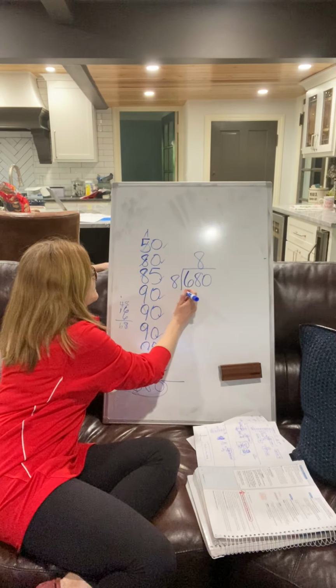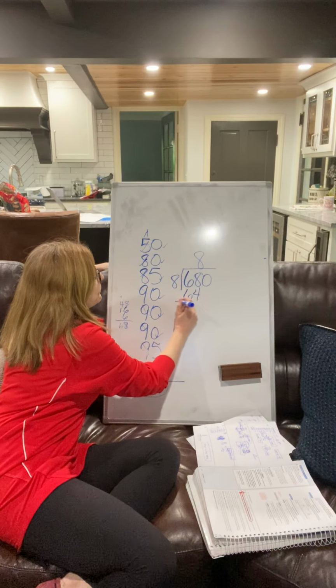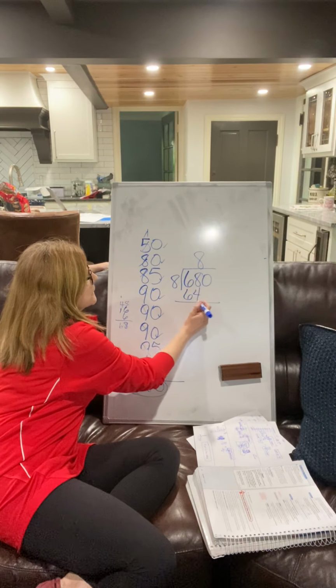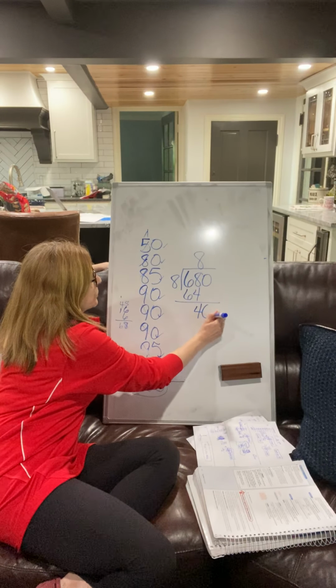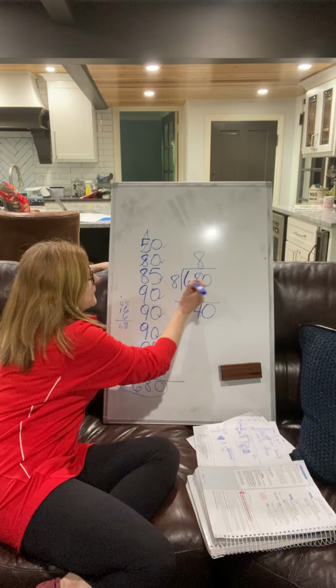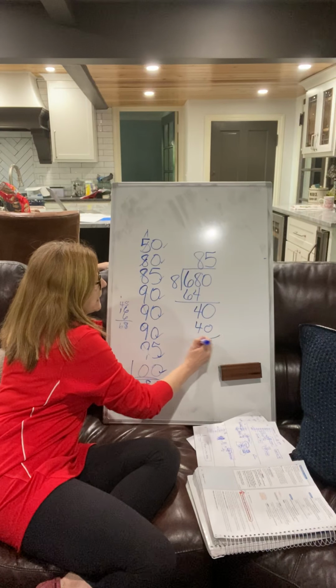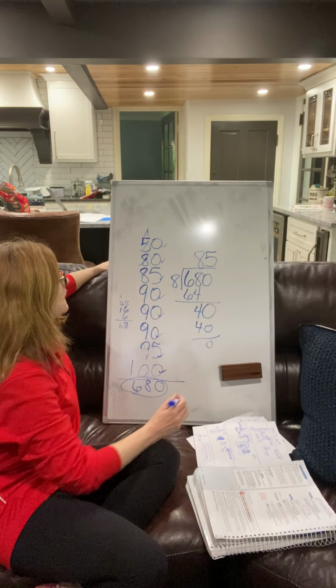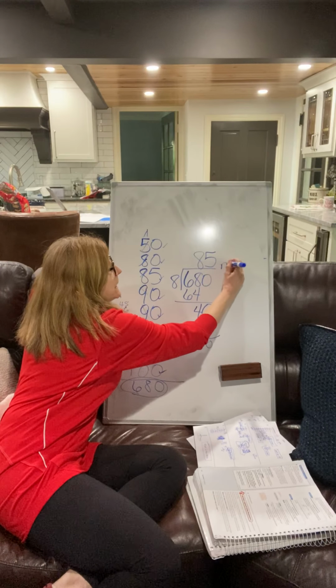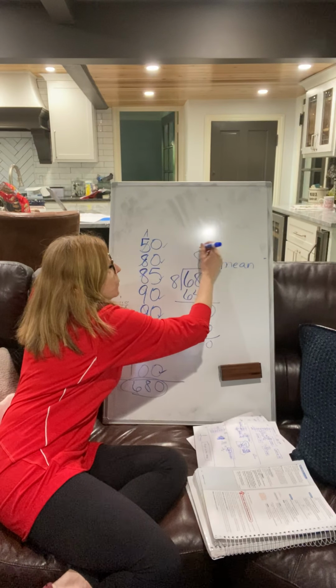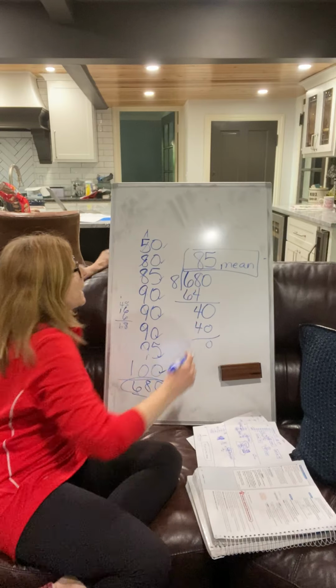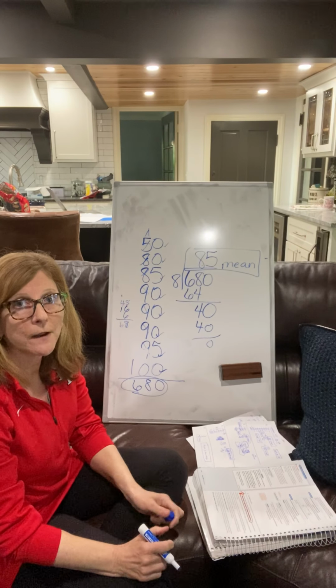Prove it. 8 times 8 is 64. 8 minus 4 is 4. Bring down the 0. 40 divided by 8 is 5. 5 times 8 is 40, and we are finished. So our mean number or average number is 85.